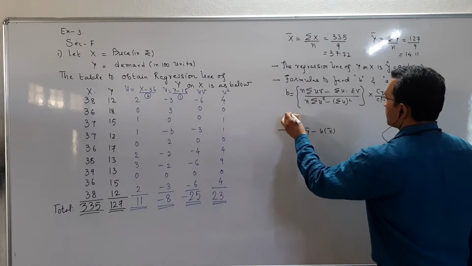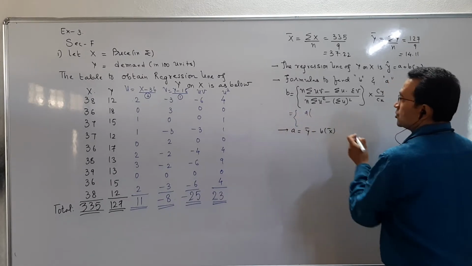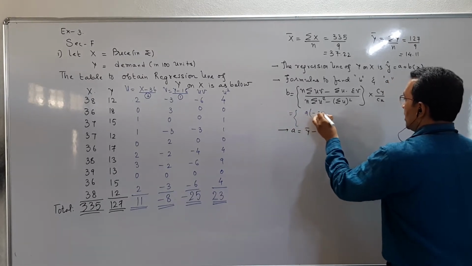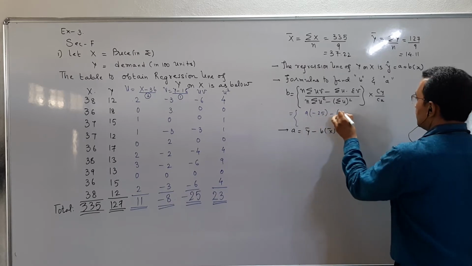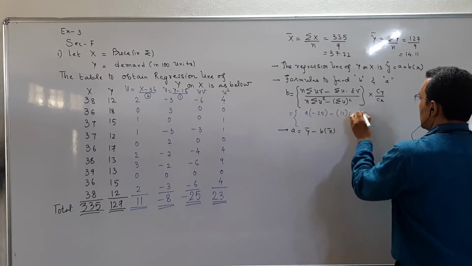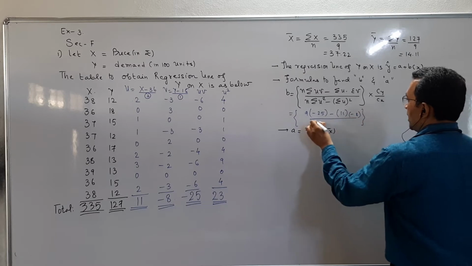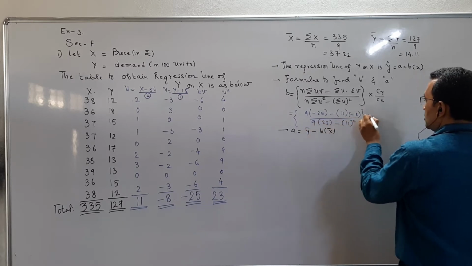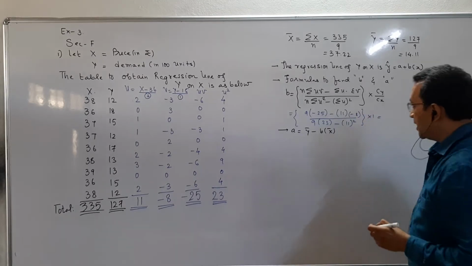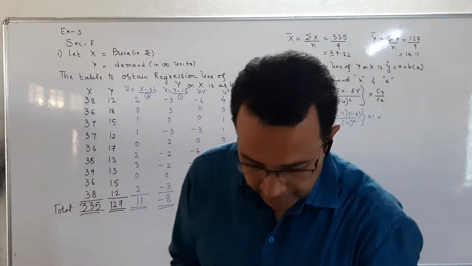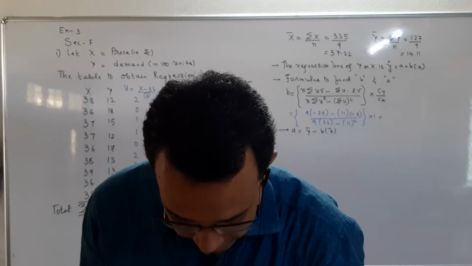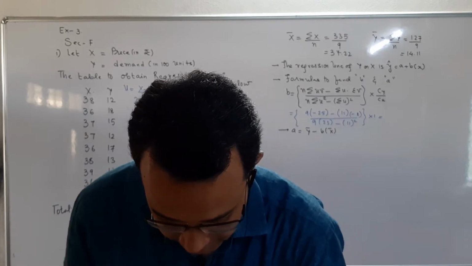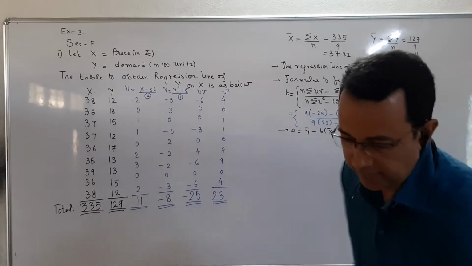So this will be 9 into minus 25 minus sigma U into sigma V upon 9 into 23 minus 11 the whole square into 1. And students, if I simplify and calculate, our final answer is coming to be minus 1.59.